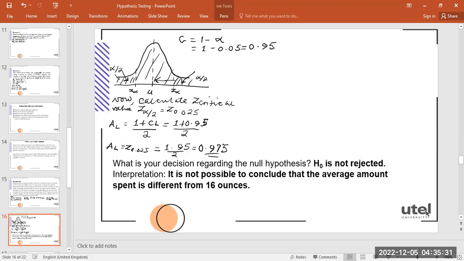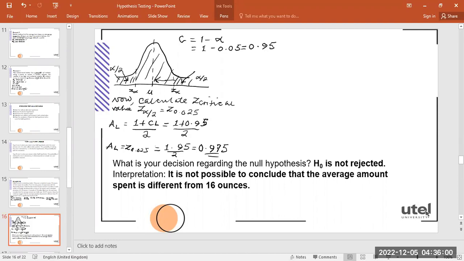In other words, what this is telling us is that at this particular value of 0.025, that's Z alpha at 0.025, the area of the curve to the left of this is actually 0.975.